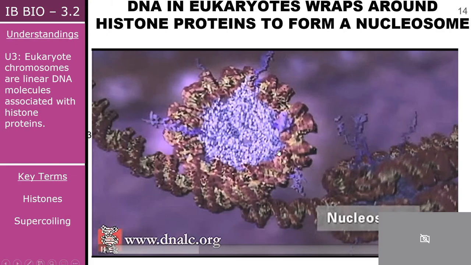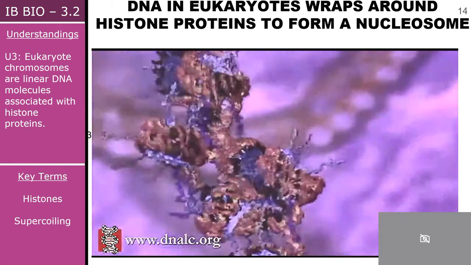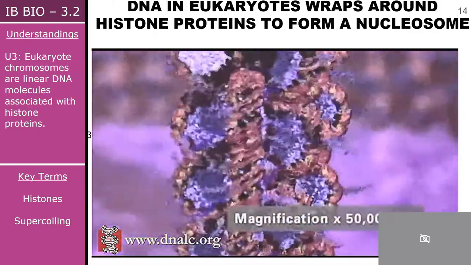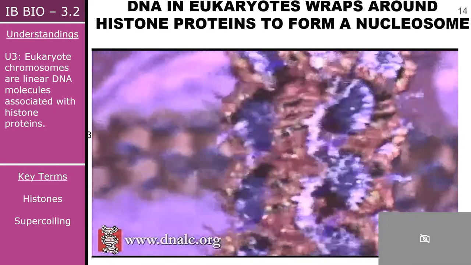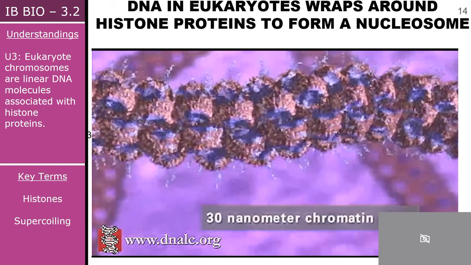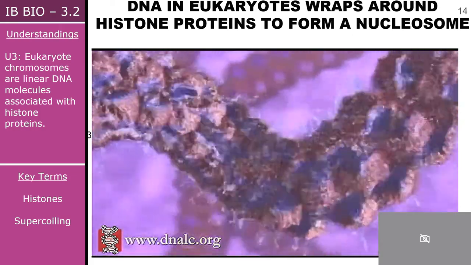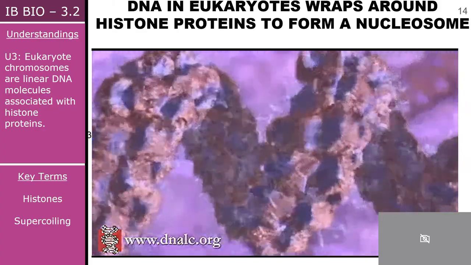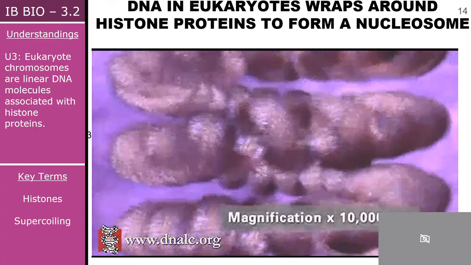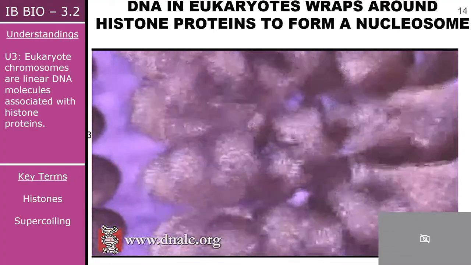I don't think you guys need that much detail yet, but they do keep forming these higher order structures into these chromatin fibers. And this is how eukaryotic DNA is assembled. It's these DNA protein complexes that just keep winding over and over onto themselves. And what you're eventually going to see here is that it's going to keep packaging until it forms that final chromosome shape that you've been familiar with, those linear chromosomal molecules.